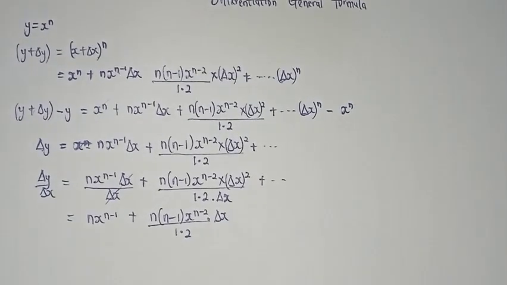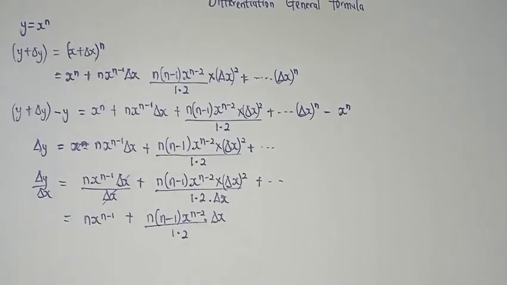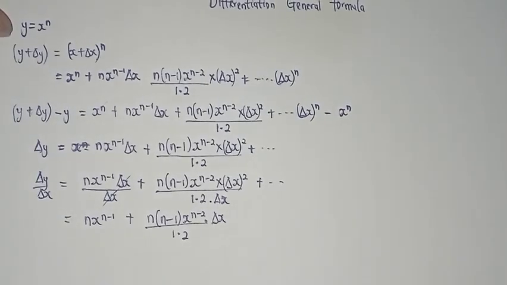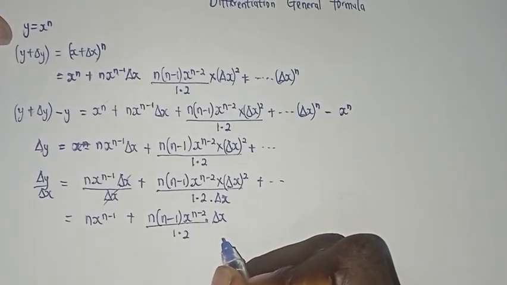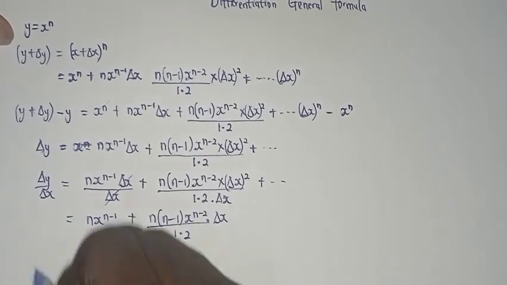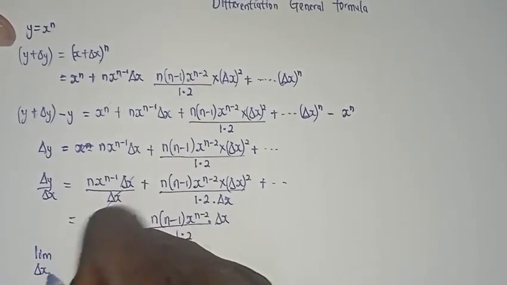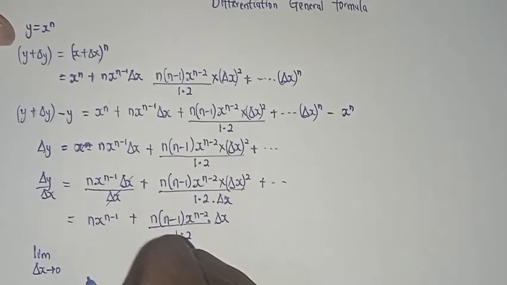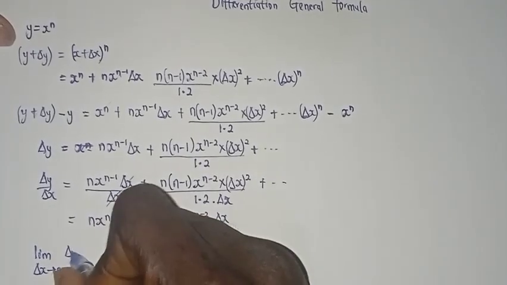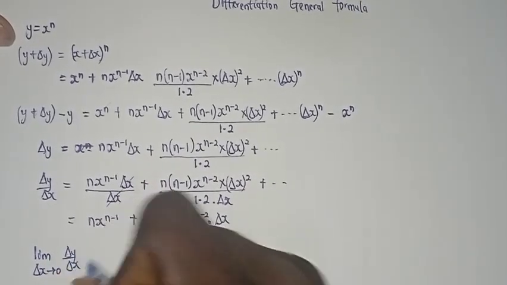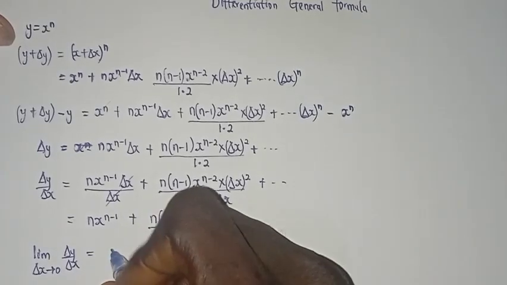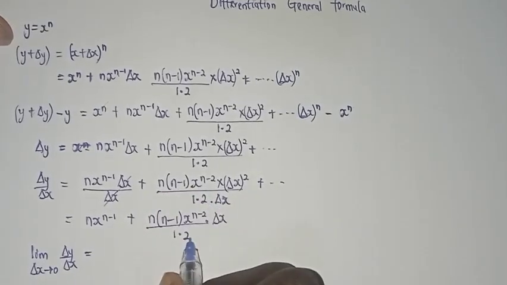And then next thing to do is to take our limit. And so if we take our limit, delta x tends to 0. So this becomes limit as delta x tends to 0 of delta y all over delta x equal to this.